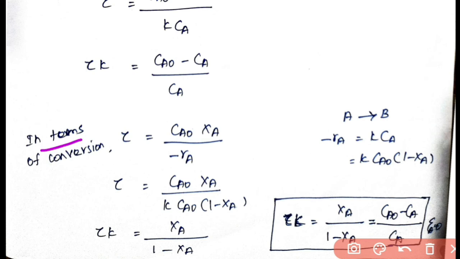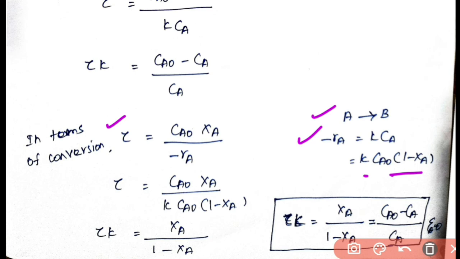Next we will see in terms of conversion. We know that in terms of conversion, space time tau is equal to Ca0 into Xa divided by minus Ra. Consider the same reaction, A gives B, so the rate of disappearance of A, minus Ra, is equal to K into Ca. In terms of conversion, Ca is equal to Ca0 into 1 minus Xa.